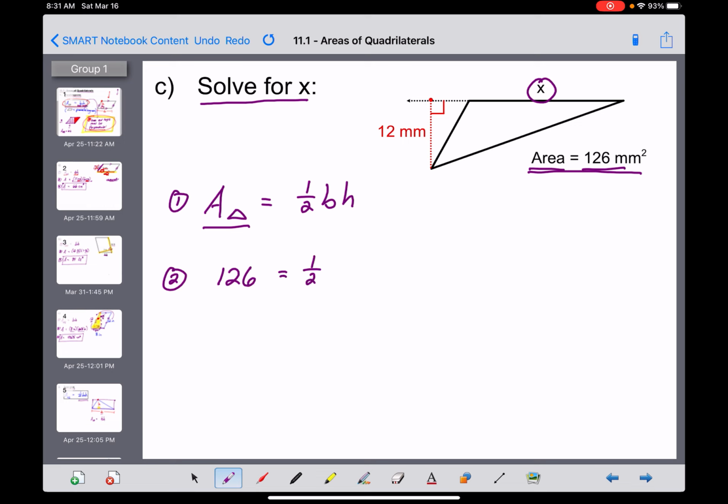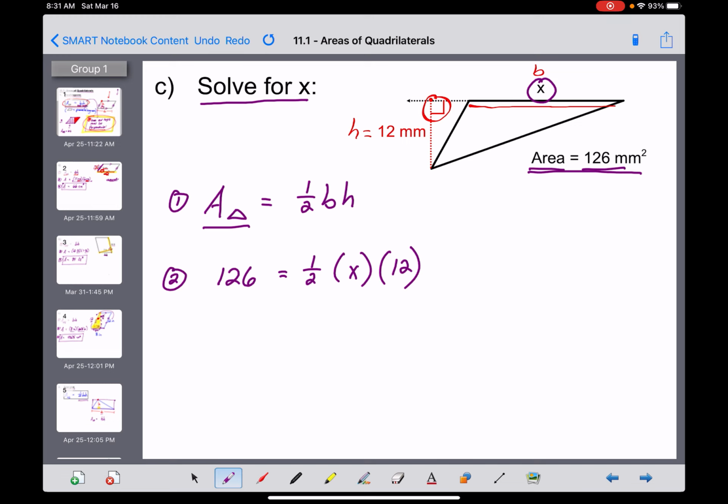That's going to equal a 1/2 times. Now the base and the height of this triangle have to be perpendicular to each other. Well, I've got my right angle right here, and that tells me that 12 is going to be my height. This amount right here is going to be our base. So the base here is going to be x, and the height of this figure is going to be 12.